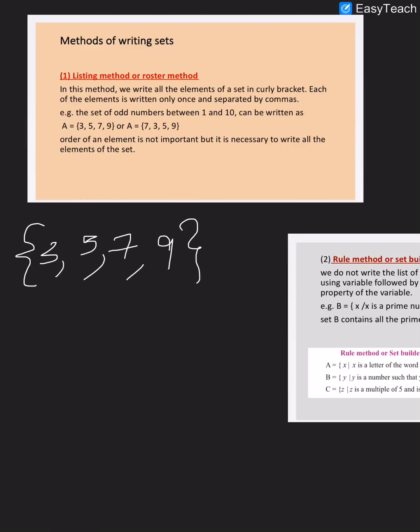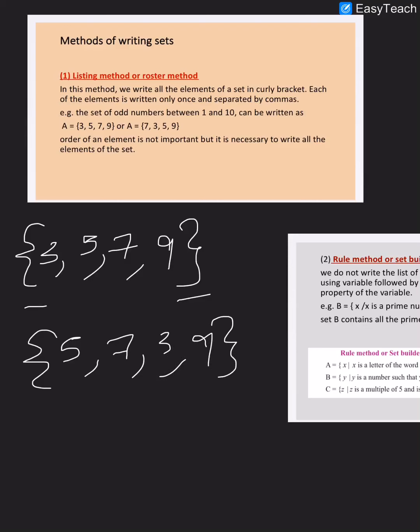Order of the elements is not important. We can write the same set in a different order, 5, 7, 3 and 9. So order is not important, but we should write all the elements once, separated by commas and within the curly brackets.